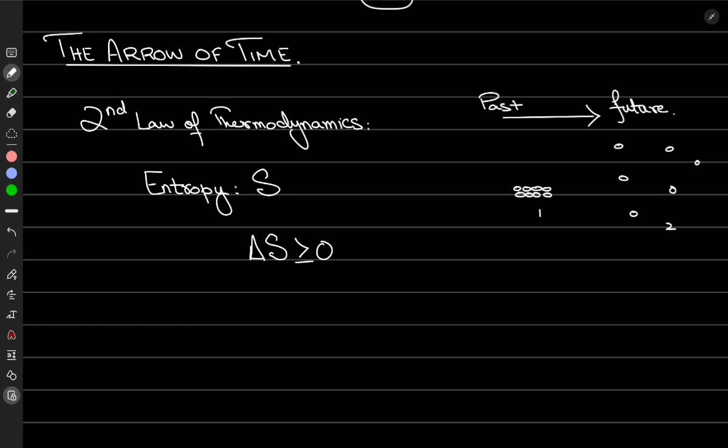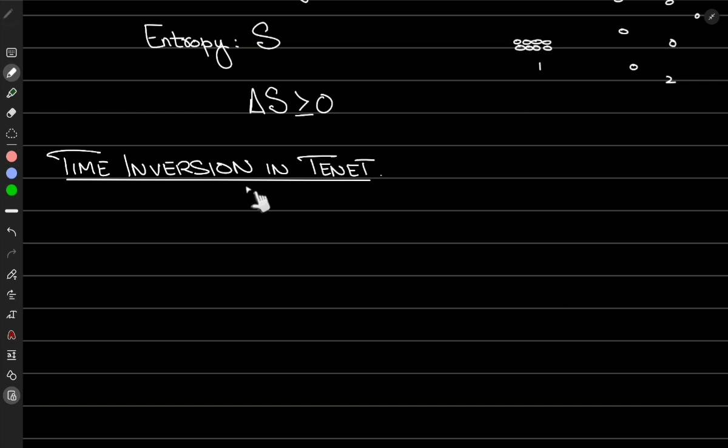All right. So with that, we can further move on to the topic of time inversion in the movie Tenet. In the movie Tenet, certain objects and individuals have the ability to move backwards in time. And this, as we now have a little understanding, is achieved through a process known as time inversion.